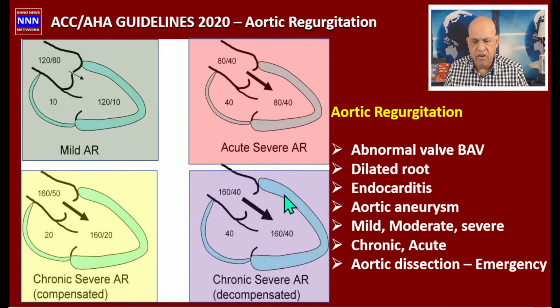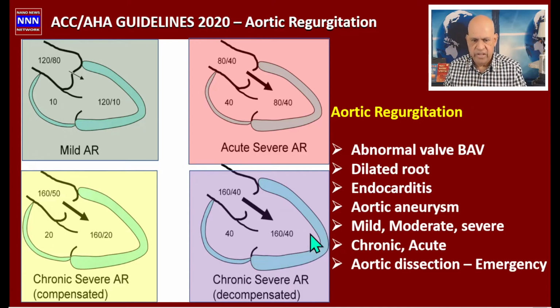Along with that, there may be a significant increase in the left ventricular end diastolic diameter, which is a poor prognosis. So when these patients with chronic severe aortic regurgitation decompensate, that means they don't have the ability to adapt, they don't have the ability to pump the blood forward.